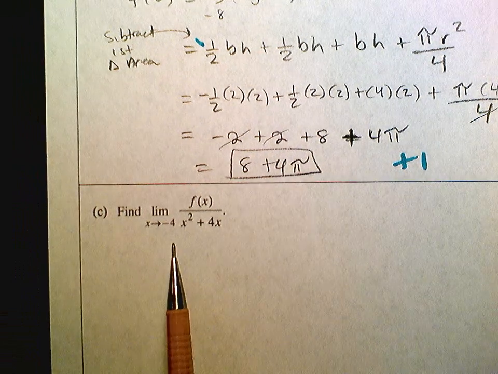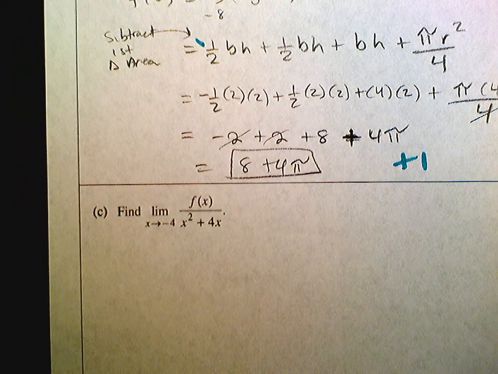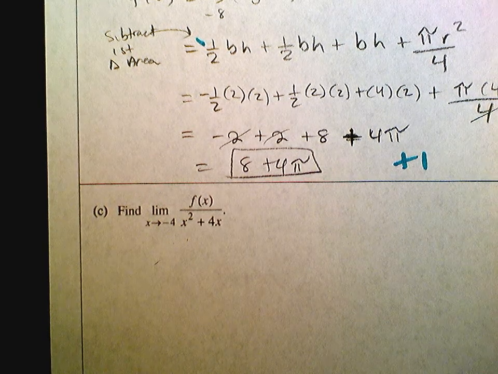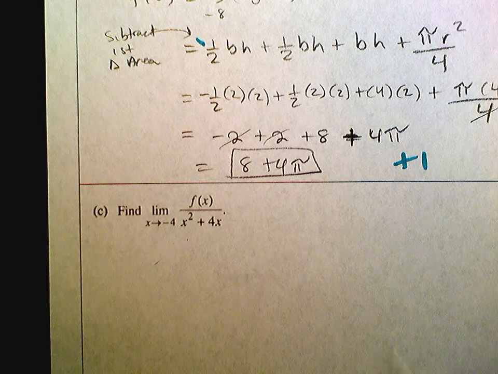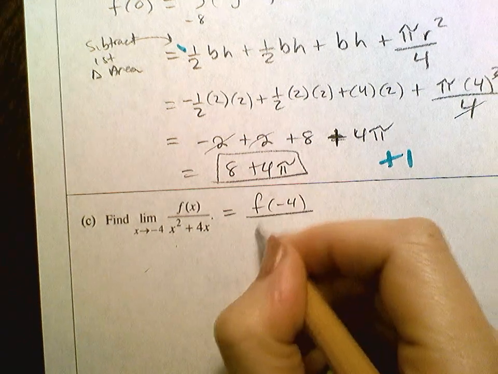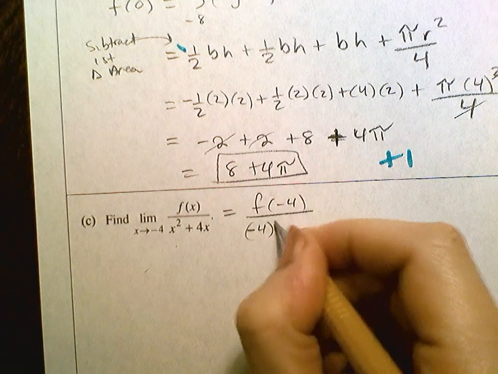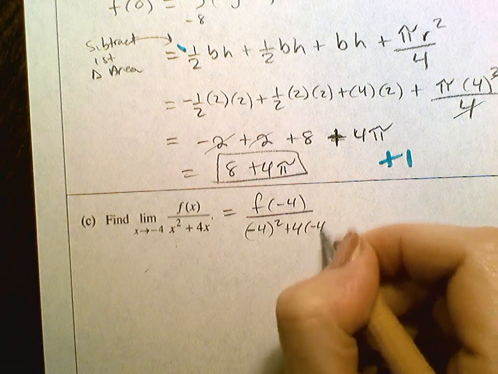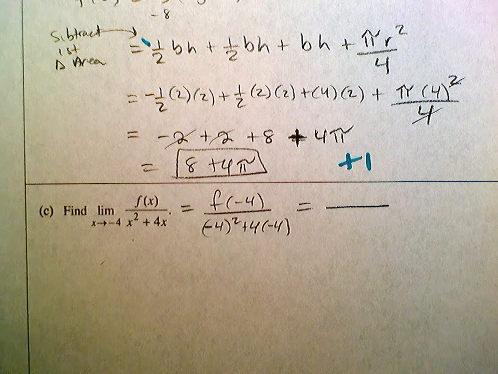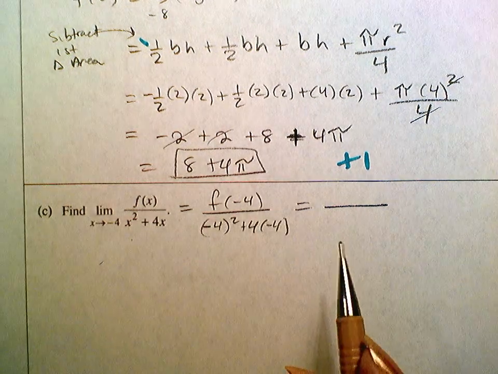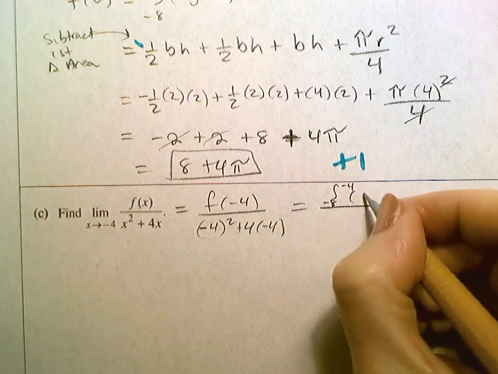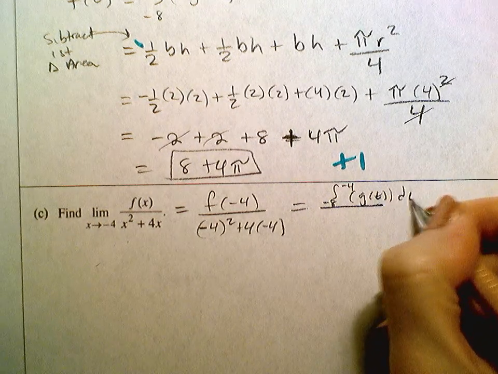Now this is a limit, and I'm not asking this question enough. Right here we're doing a limit, derivative, or antiderivative. We're doing a limit. How do you do a limit? You first direct substitute. So this should be f of negative 4 over negative 4 squared plus 4 times negative 4. For f of negative 4, it's going to be the integral from negative 8 to negative 4 of g of t dt.